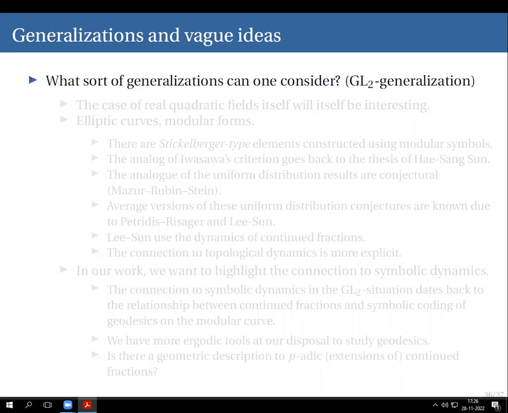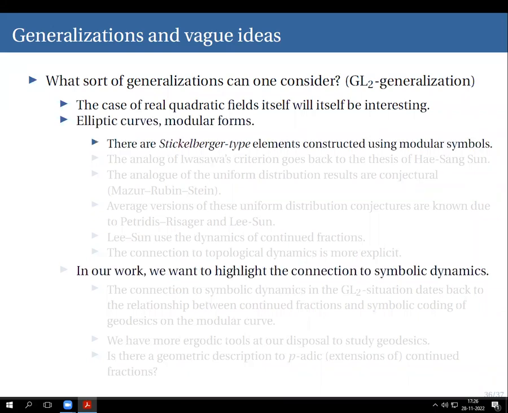The previous case that I was looking at was the circle, and are there any GL2 generalizations? And so if you're interested in number theory, we have this Iwasawa's conjecture, and in our case, the base field was Q. But what if you change the base field to a real quadratic field? I think not much is known about these mu invariants there for real quadratic fields.